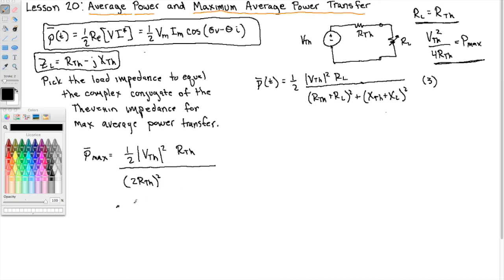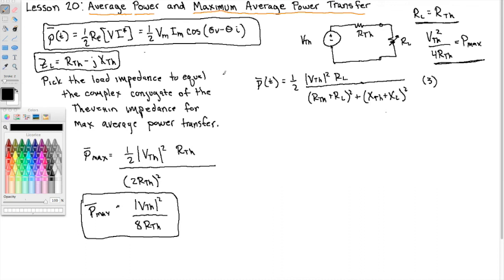So the maximum amount of power that I can get on average is the magnitude of the Thevenin voltage squared divided by 8 times the Thevenin resistance. What a wonderful result.